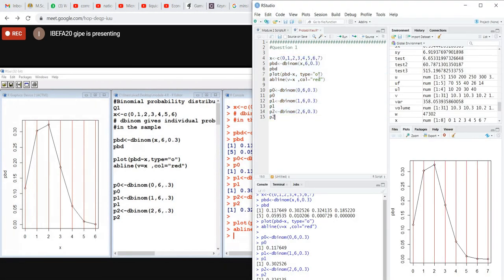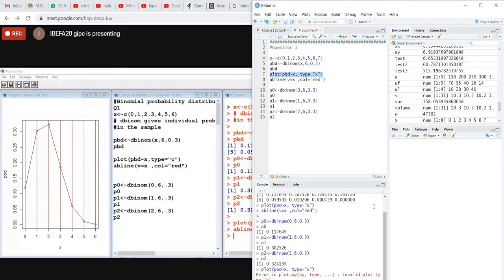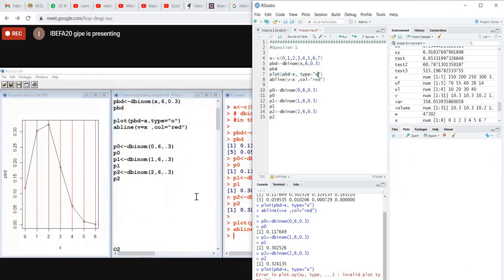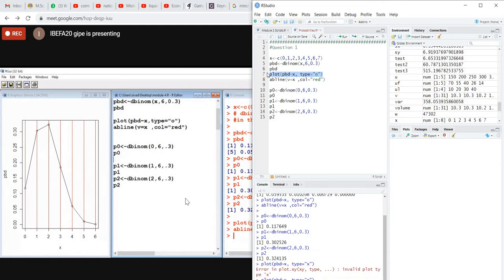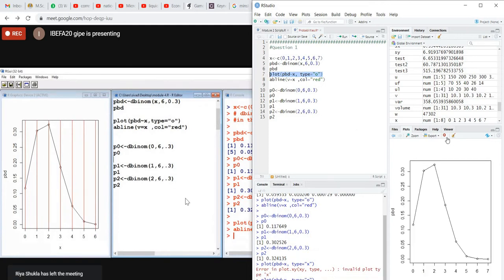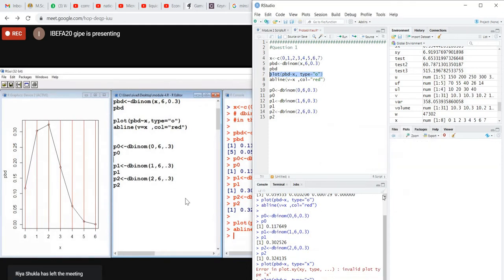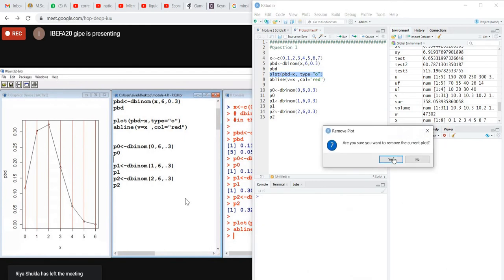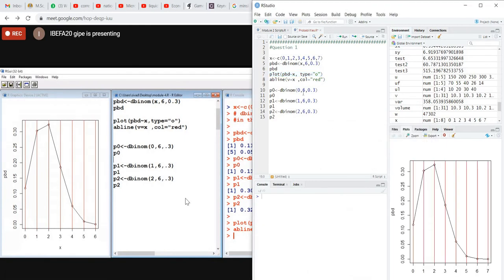So, this is question number 1. I'm going slow. I want to show the probability for 0 on the graph.